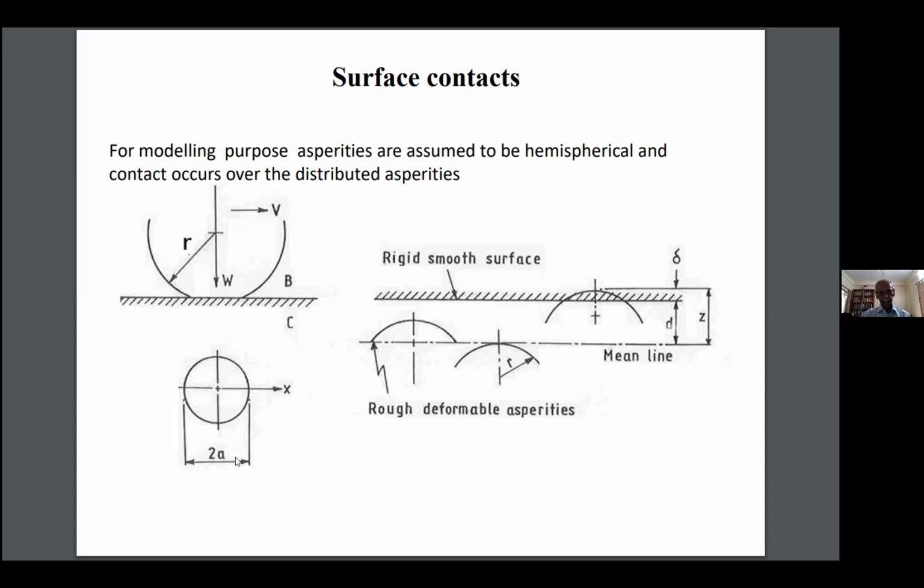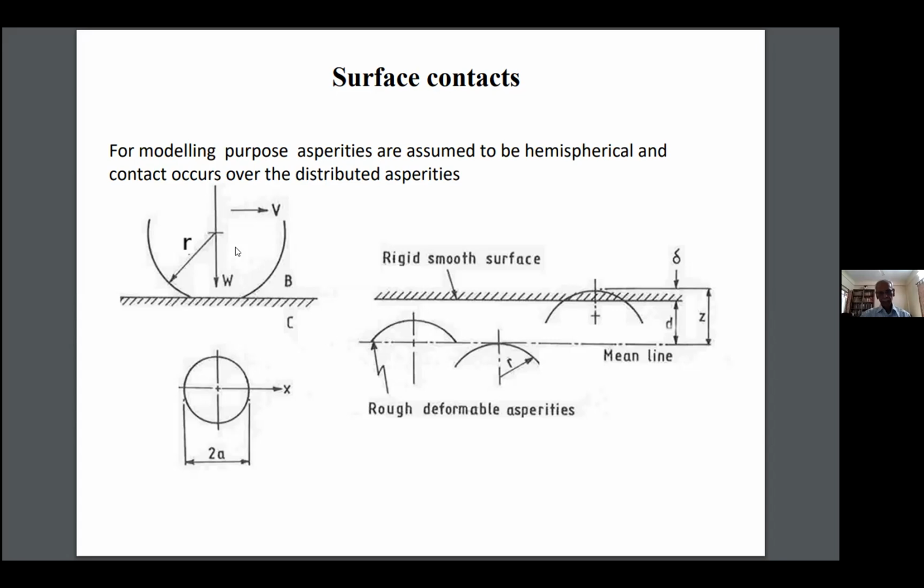Let's say that the radius of contact is A, and the radius of the hemisphere is R, and the load is W, and we move either the deformable surface or the flat surface.